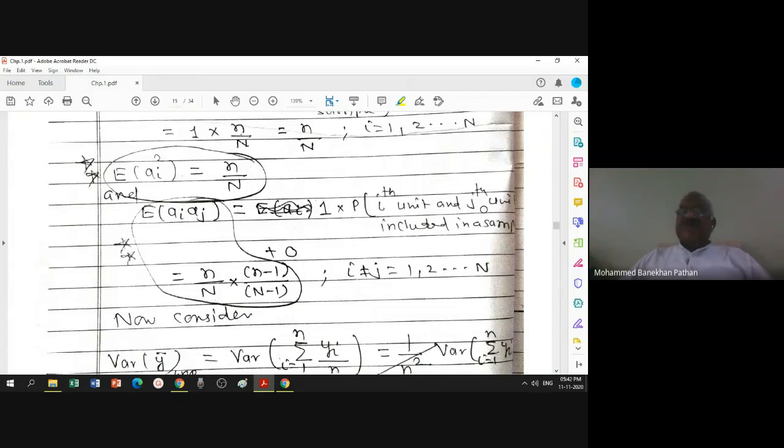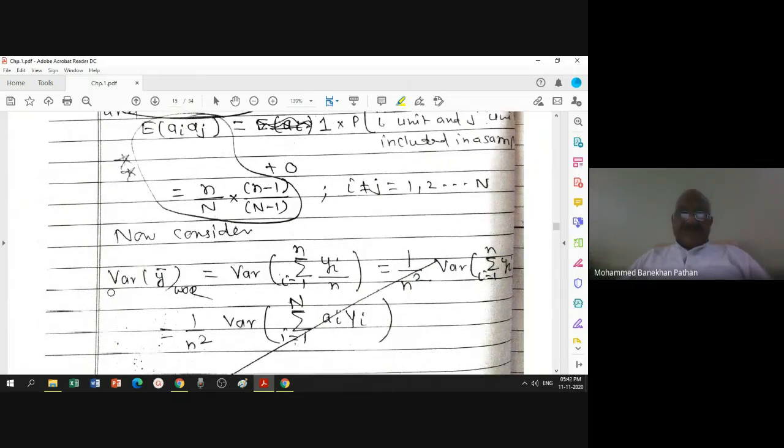The method is without replacement, so the sample size to be selected is n minus 1 and the population has N minus 1 values. So this is the probability for the jth unit and this is the probability for the ith unit. Multiplying gives the expectation. So it is the expected value of the product.